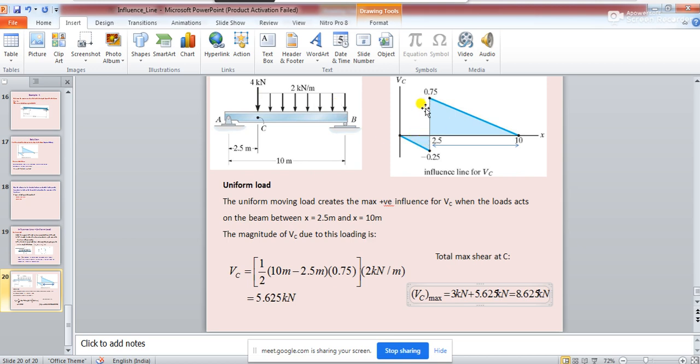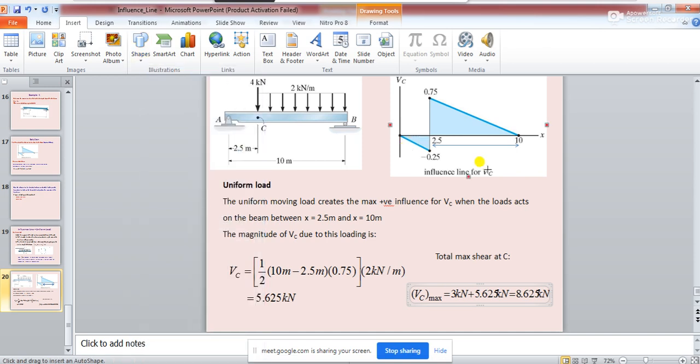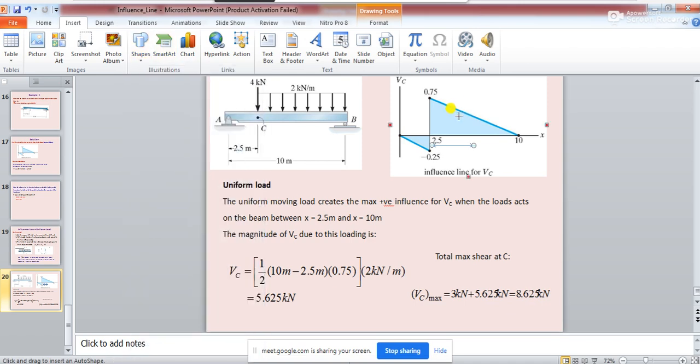If the load is of length 5 meter, your load can be only placed up to this 5 meter length, and in that case, instead of a triangle, you are going to get a trapezoid.